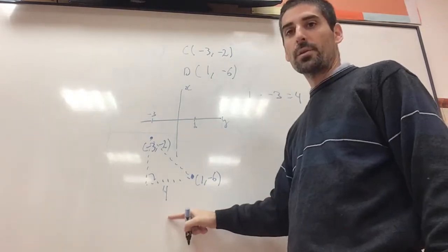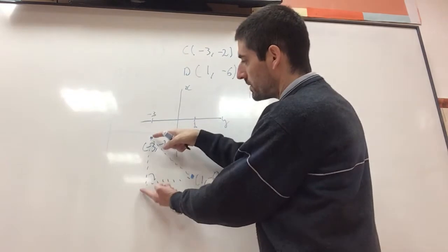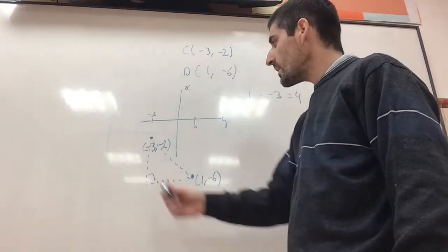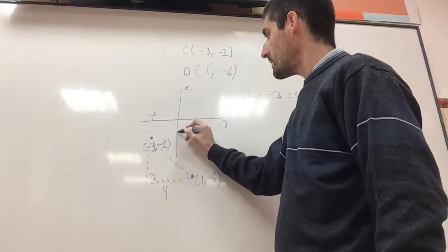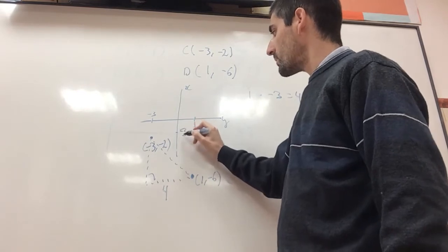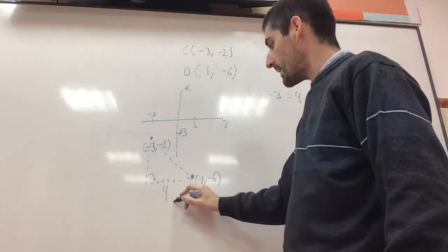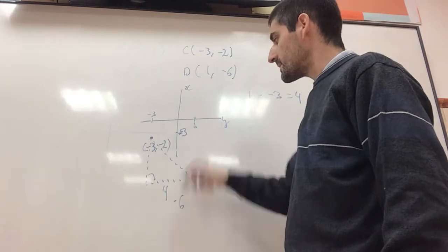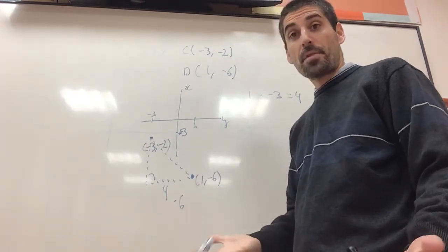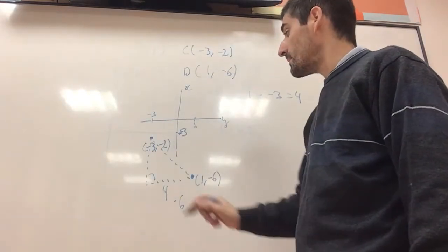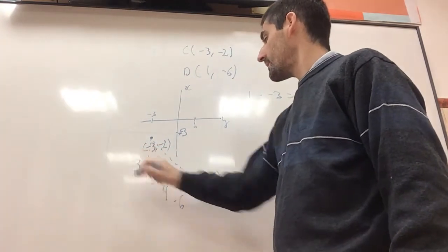So I know that that's 4. And how long is that side there? Well, that's -2 on the y-axis, and the other one is -6, so the distance is 4.